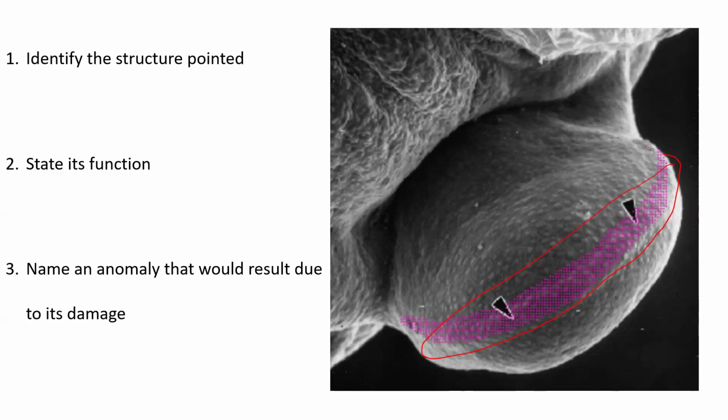Very good. The zone of polarizing activity, ZPA. It's the one which establishes the anteroposterior axis. So any anomaly associated with the proximal-distal axis, if you have damage, you'll have a defect in the lengthening, so amelia, micromelia, and such.